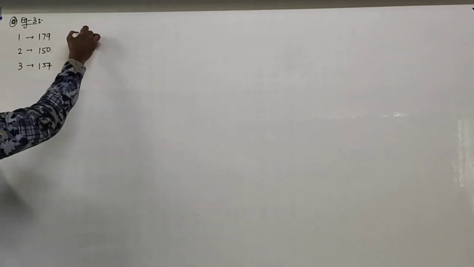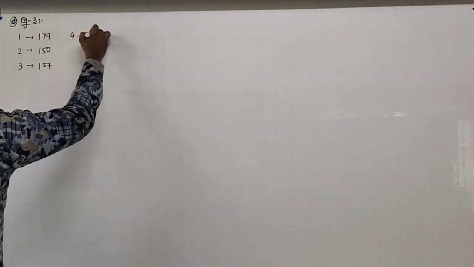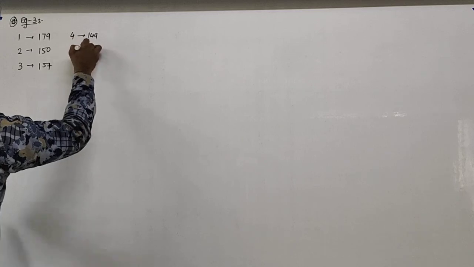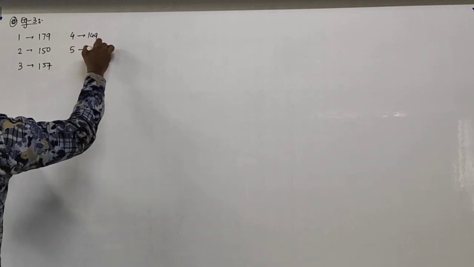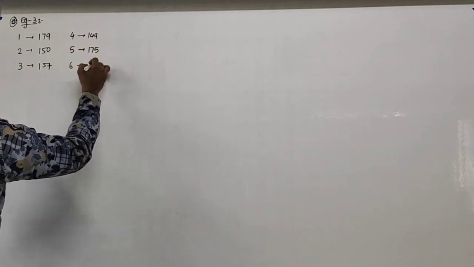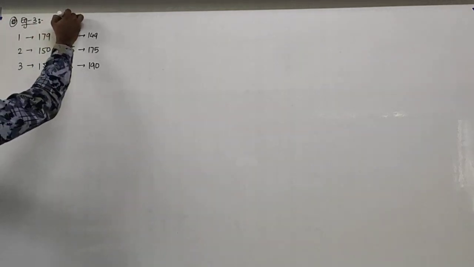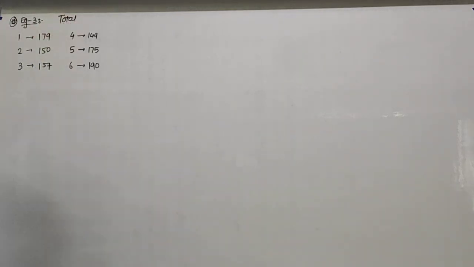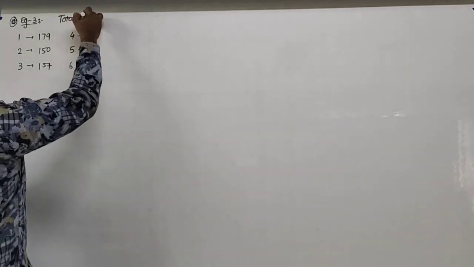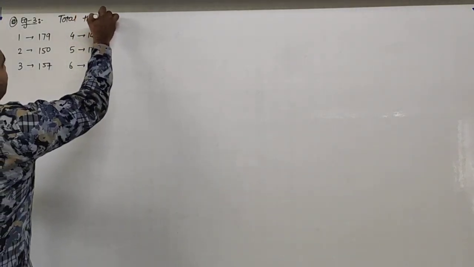For outcome 4 we have 149. For outcome 5 we have 175, and for outcome 6 we have 190. These are the outcomes that we get here. Okay, and total throws, how many? Okay, 1000.